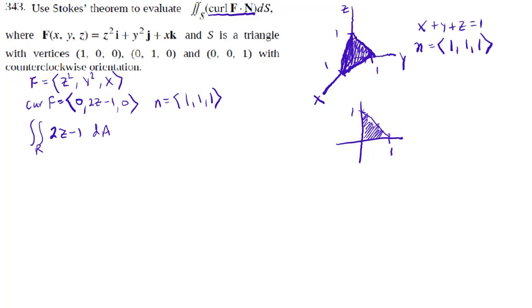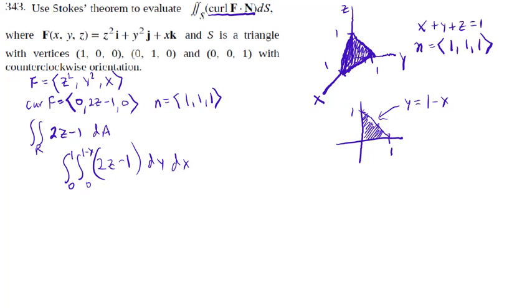Now that line would be 1 minus x. So we can find the area of this region by integrating first with respect to y, 0 to 1 minus x, and then with respect to x from 0 to 1.